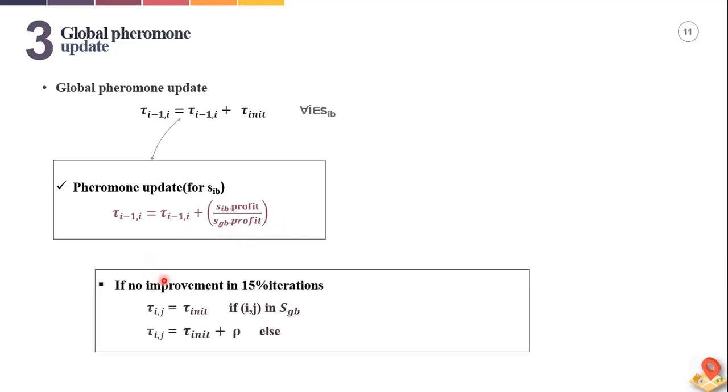At the end, all steps are repeated 100 iterations. But if there is no improvement in 50% of the total iterations, the pheromone values of the edges in the best path are changed to initial tau, and other edges are changed to initial tau plus rho. Rho is the evaporation rate.